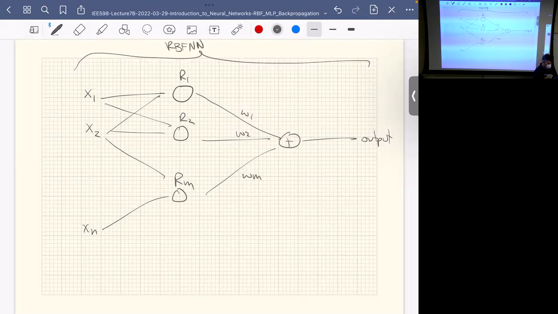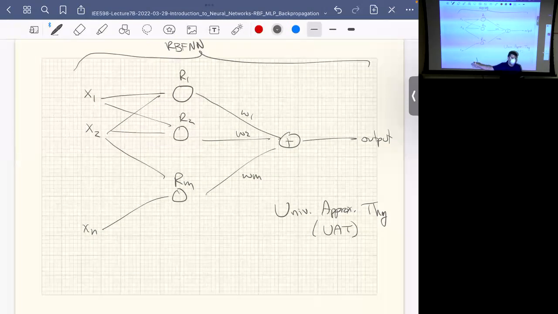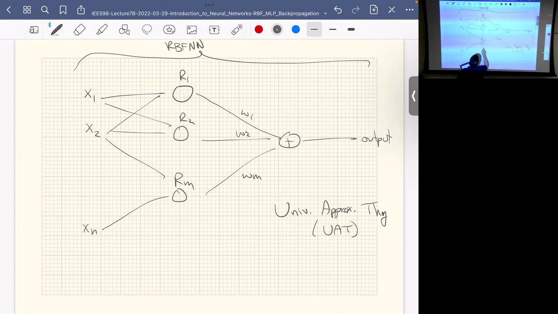Now, it turns out that there are, and I'll start with this next time, these universal approximation theorems that say so long as you have a non-polynomial function here, you can approximate any input to output mapping with sufficiently many of these units.